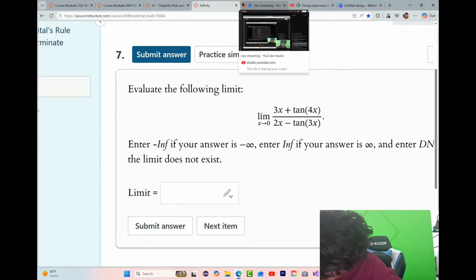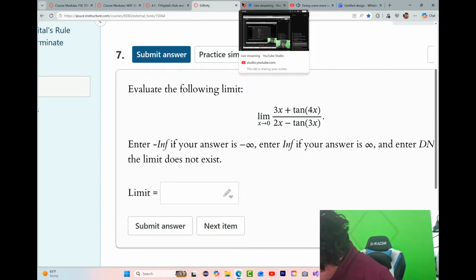So 3 plus 4 times 1 over cosine squared of 4x, over 2 minus 3 times 1 over cosine squared of 3x.